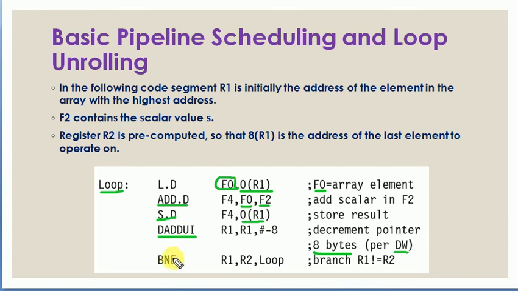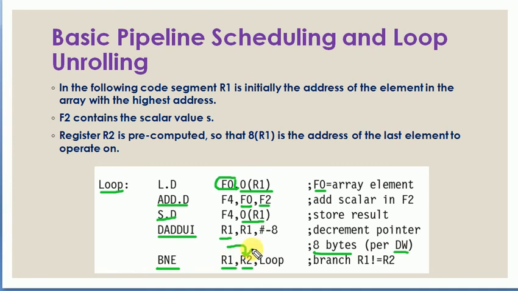Then we check a condition, branch on not equal to R1 comma R2. After reducing 1000 to 999, we get 999 in R1, and that will be compared with R2.